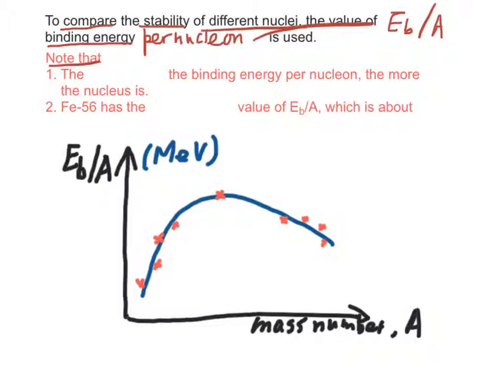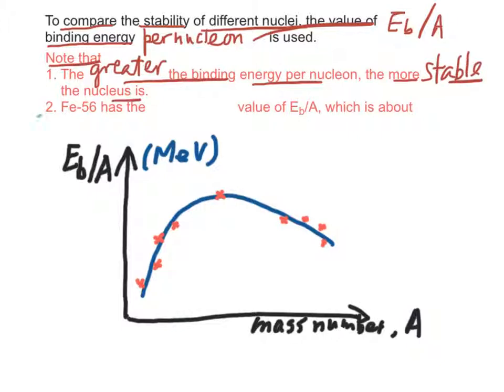Note that the greater the binding energy per nucleon, the more stable the nucleus is. Also, iron has the greatest value of binding energy per nucleon, which is about 8 MeV.